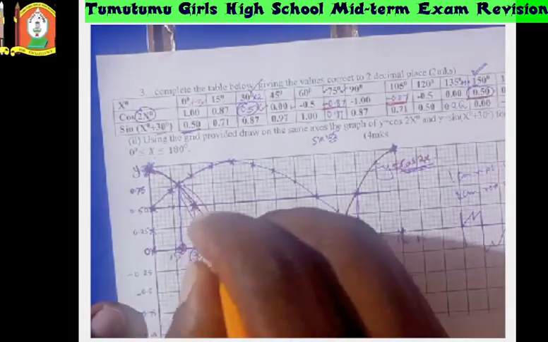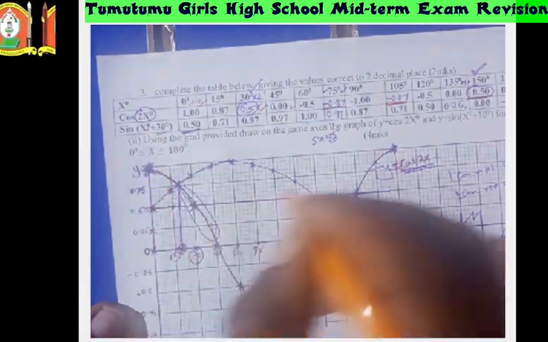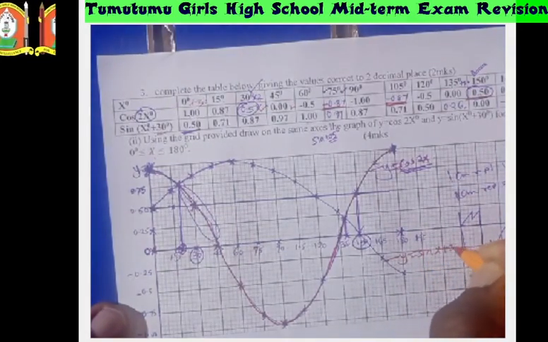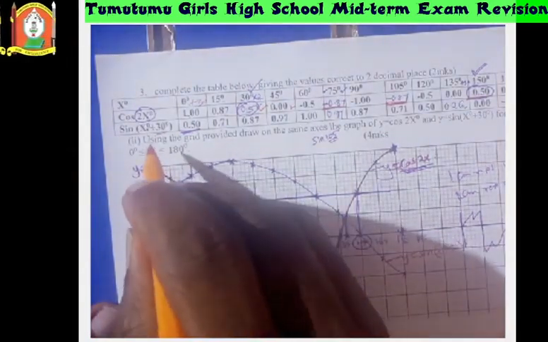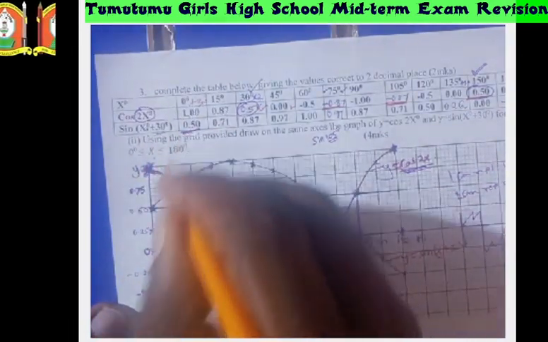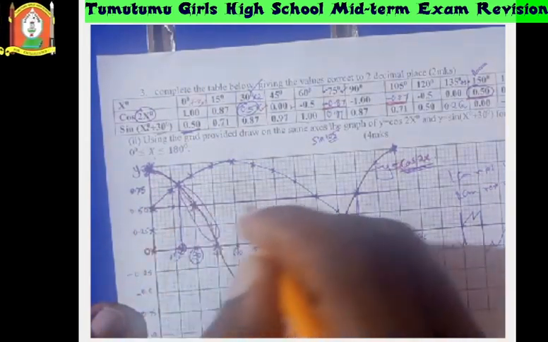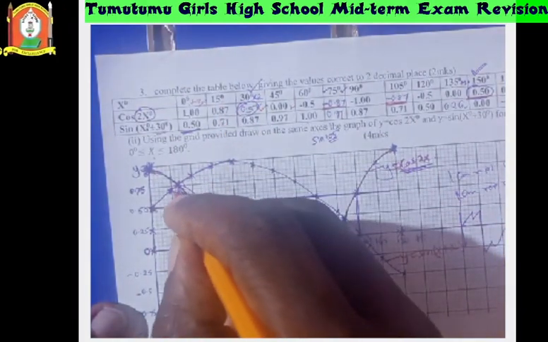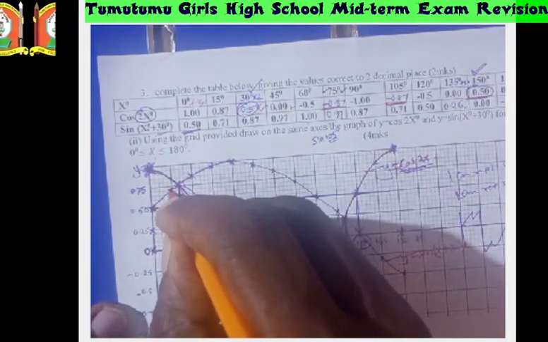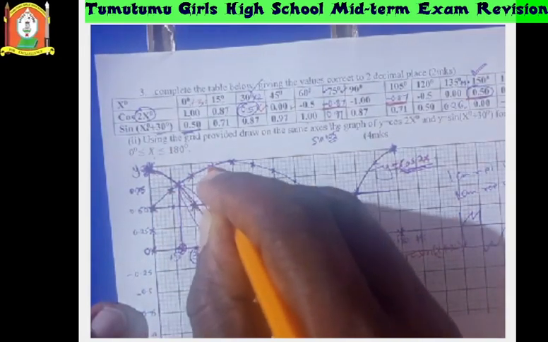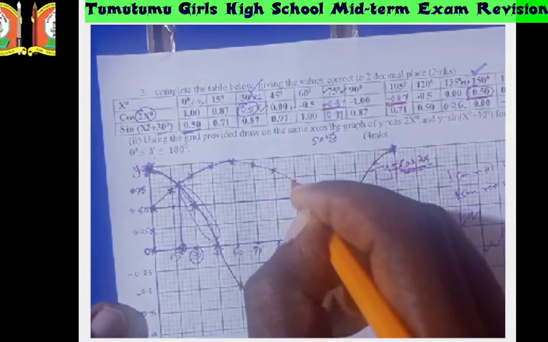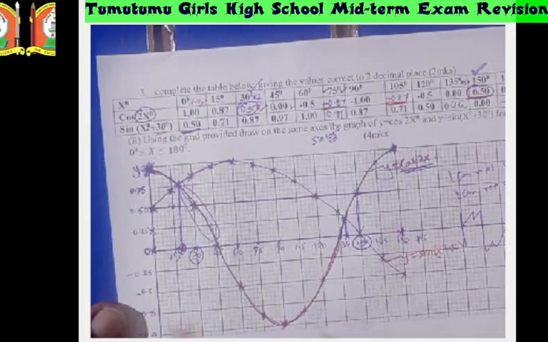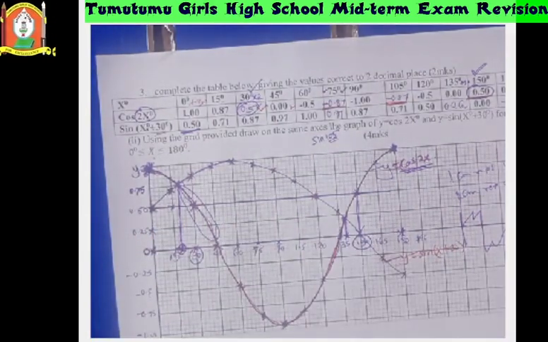We do the same for the second graph, which is y equals sine of x plus 30. So we start with 0, 0.5, then 15, 0.7, you do the same, then you plot the graph and you get the two curves.